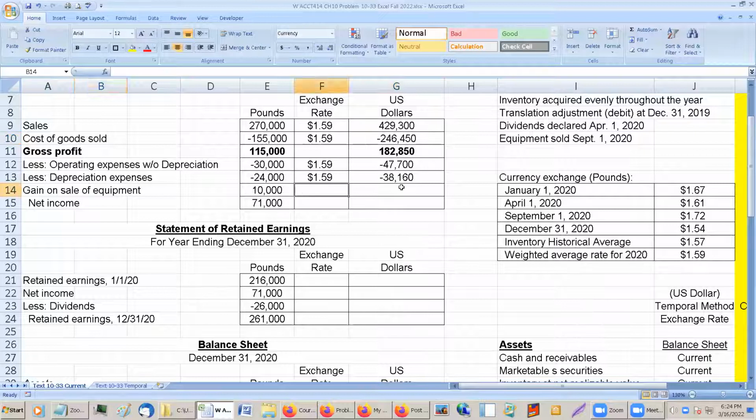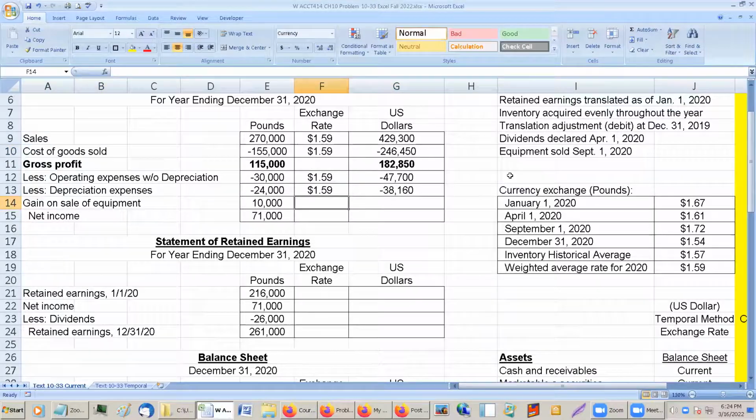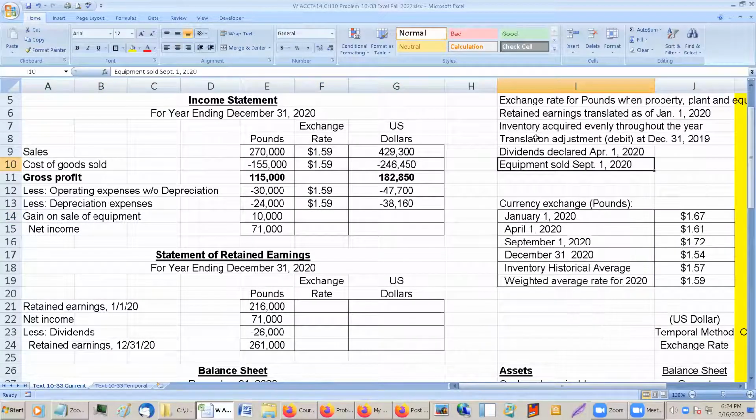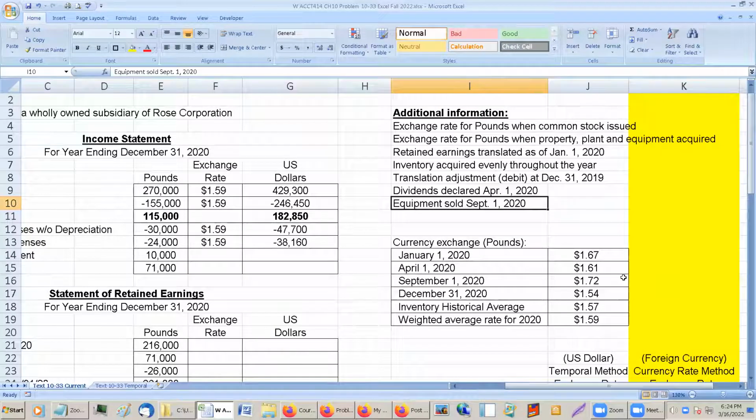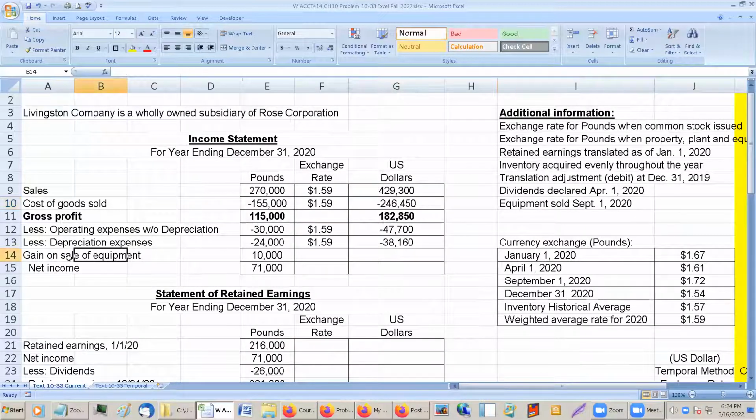Gain on sale of equipment. What's the date on that?